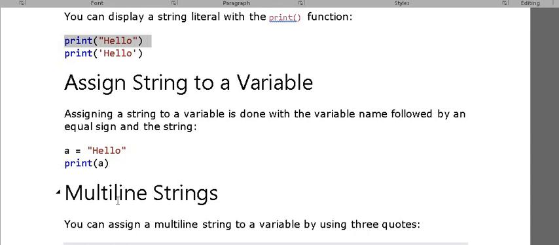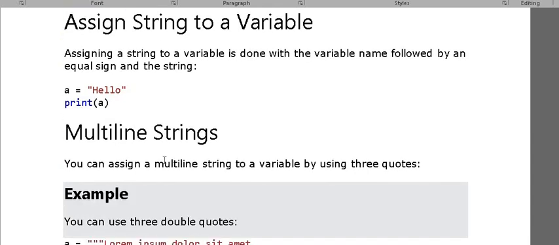So here I am declaring a equal to, and in double quotes I write hello. Now if I want to print that variable, then simply print, and in the brackets I give the variable name.